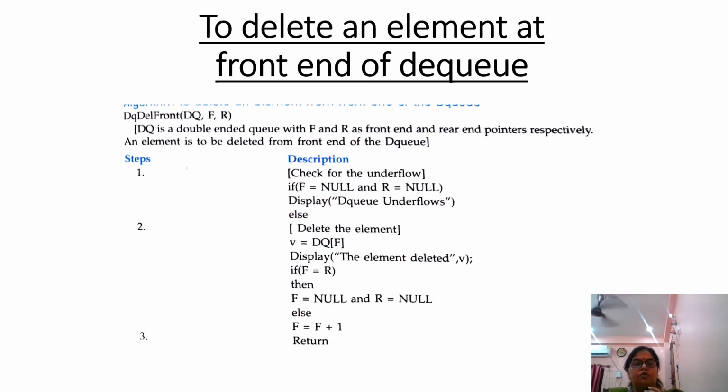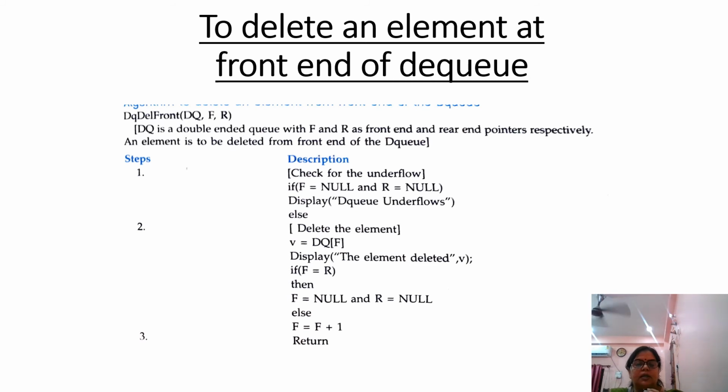This is how we have to delete an element at the front end. Here in deletion we have to do front plus 1. See, here it is F plus 1. The procedure is all the same. Here first we have to check the null value. If it is null, then it is underflow. Otherwise, for the deletion of an element, v is equal to DQ[F], display the element deleted.